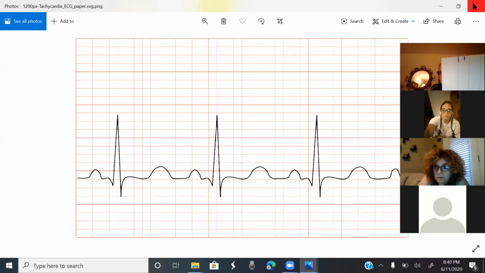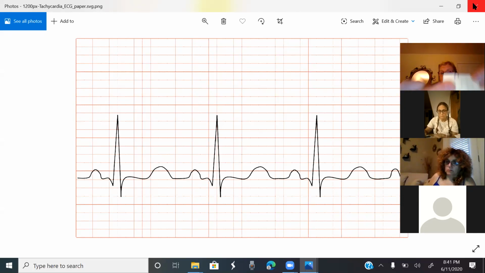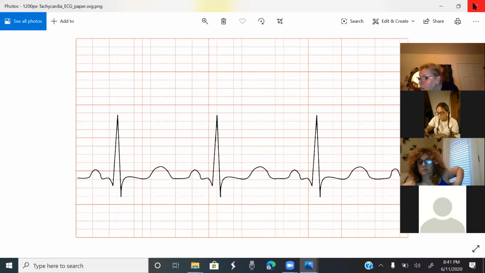All I did was hold my paper up to the complex and put a line where the beginning of my P was and a line where the beginning of the QRS was. Then I hold that up to my little boxes and I see that it's about 5.